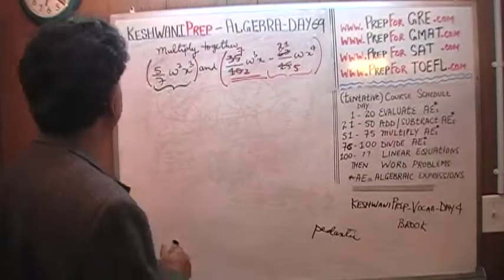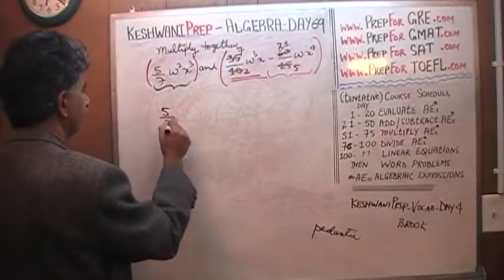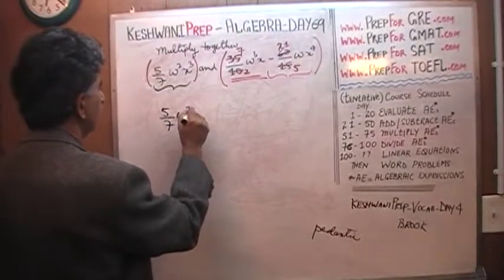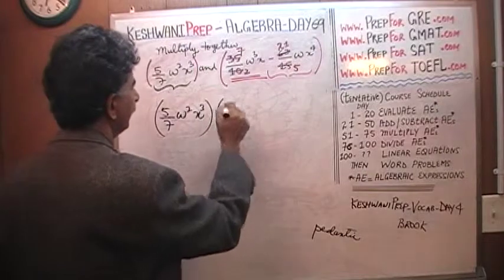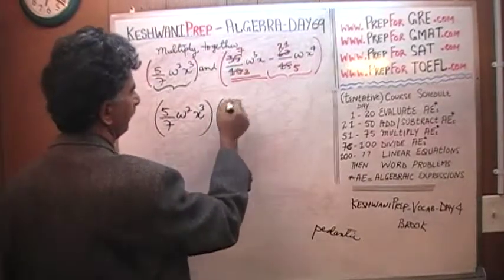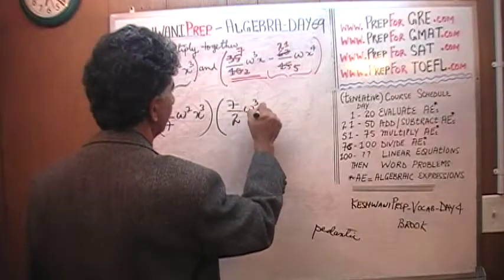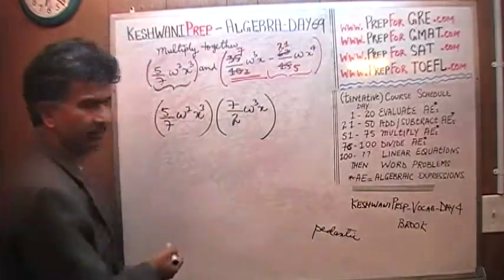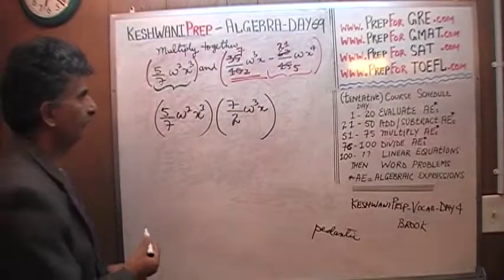Let's do it. So this times this guy, 5/7 w squared x cubed times this guy, which is no longer 35/10, it is just 7/2, 7/2 w cubed x. Notice something? We got a 7 here on the top, we got a 7 here on the bottom, bingo.